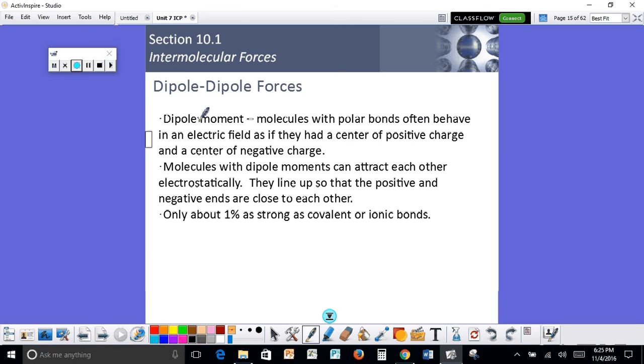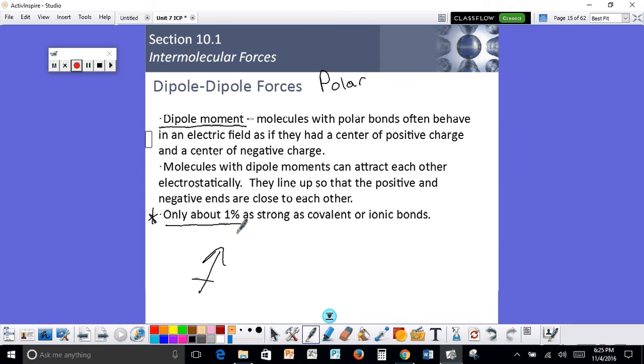All right, let's go to the next one, dipole-dipole. Dipole-dipole will occur in polar molecules. The big thing to realize is that London dispersion forces, as I said earlier, are only about 1% as strong as a covalent or an ionic bond. Dipole-dipole forces occur because of the dipole moment of a molecule that has a dipole.